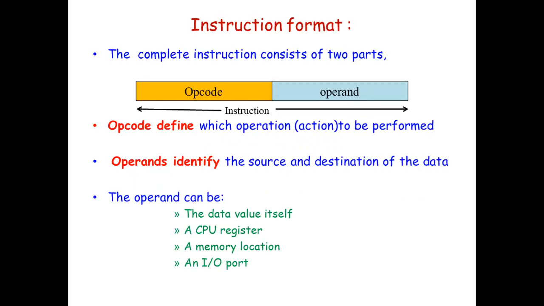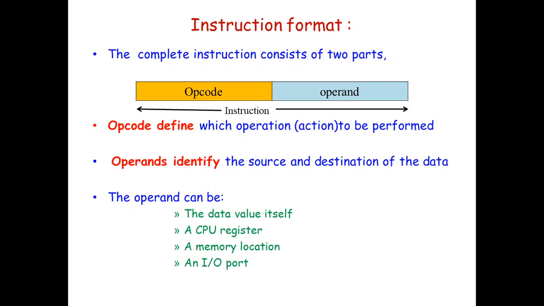Now in the instruction set, first we will discuss the instruction format. Instruction format has two parts. First one is opcode and second one is operand. Now what do you mean by opcode? Opcode defines which action we want. According to that we write the opcode.